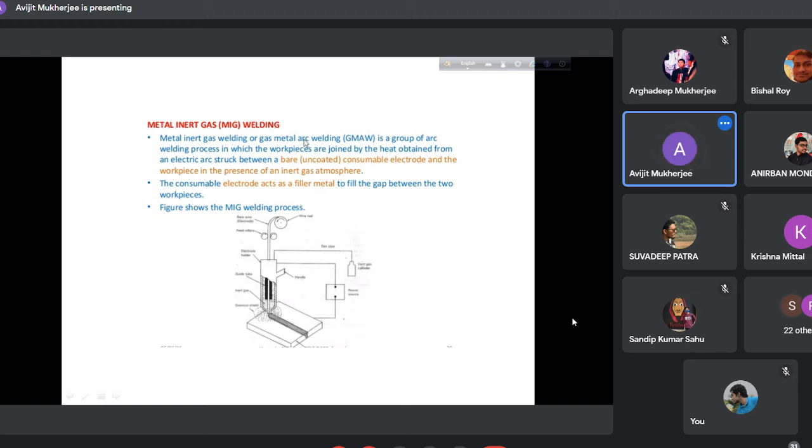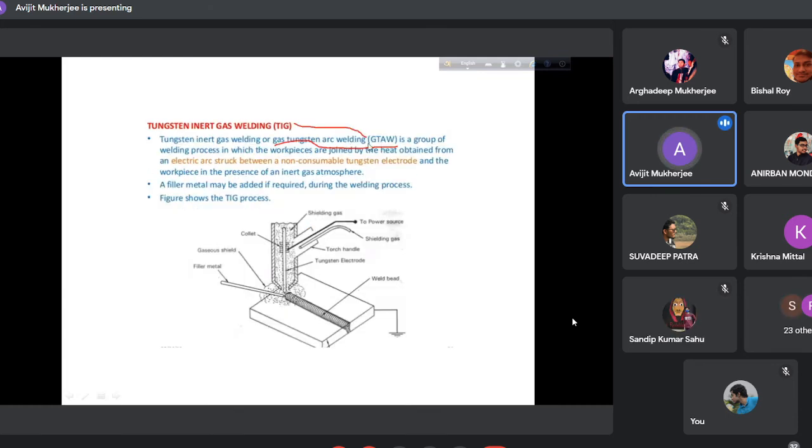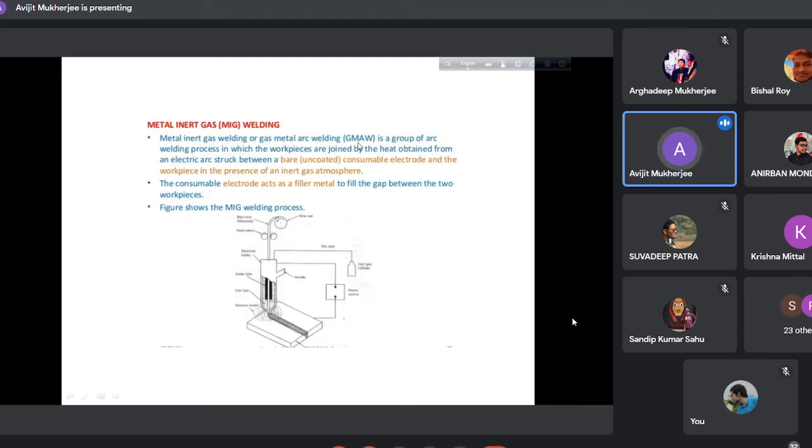And here it is also written as GMAW, just like GTAW, gas tungsten arc welding. This is also known as gas metal arc welding, or MIG, same thing. And here a bare wire. So there is a reel feeder.